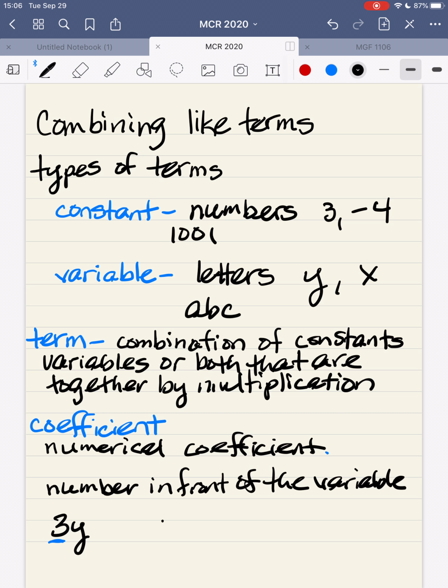If I have just y, right, you don't see a coefficient in front of there, and we always assume that coefficient to be equal to 1. We just don't write it. The same way with exponents, like y has an exponent of 1, but we don't write that. We also don't write numerical coefficients that are 1. Though if you do write it in your work, I'm okay with that, especially while we're learning this.